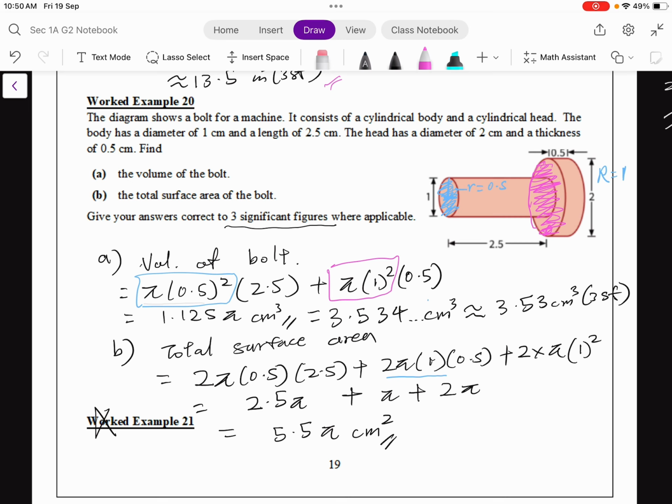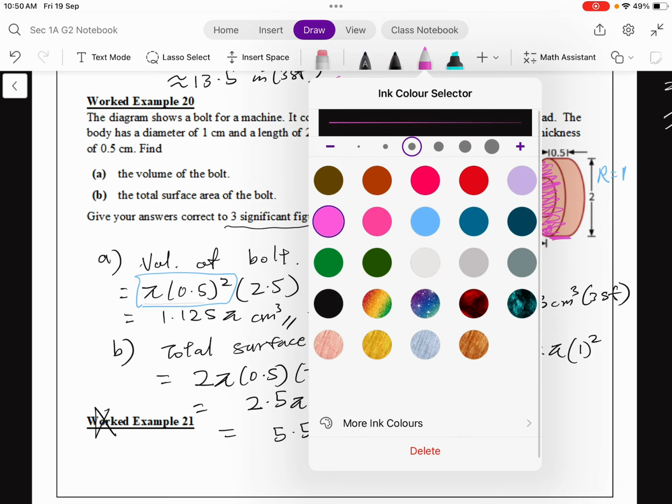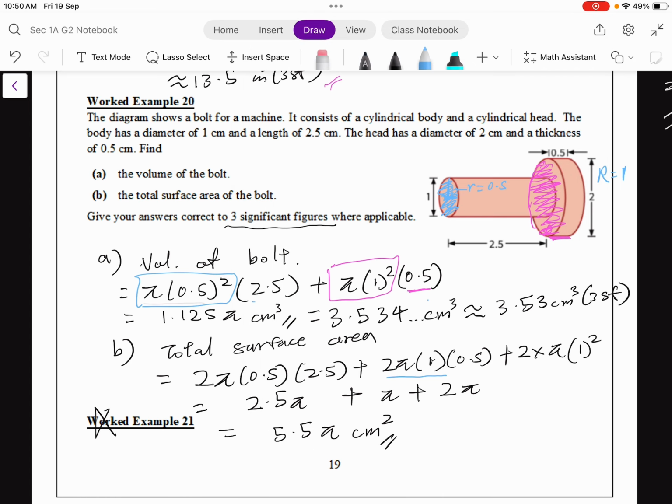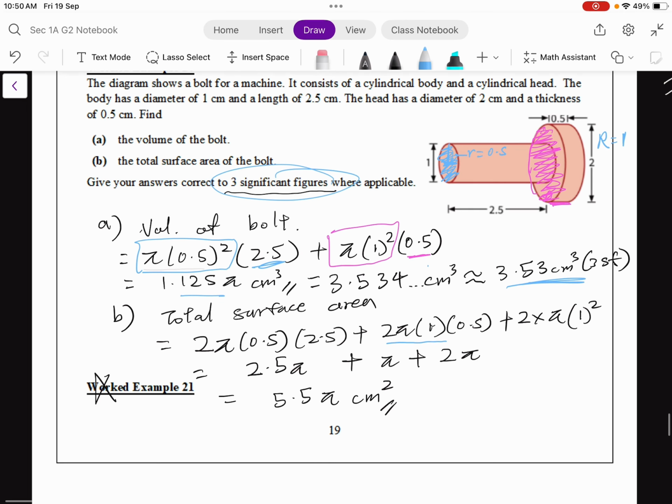Multiply by the height here to get this volume, and the other one by the height here to get this volume. Add them together, convert to 3 significant figures. This is your answer. So volume should be very easy at this point, no matter what they give you. Just find the base area times the length.